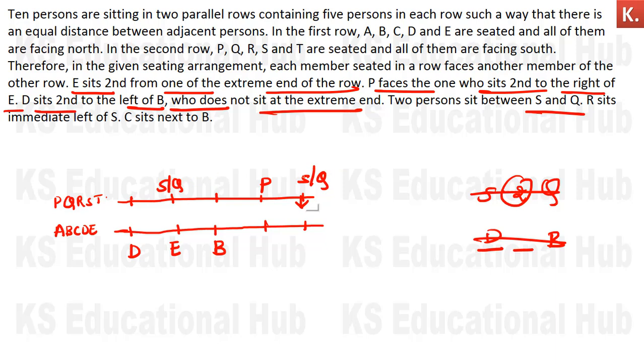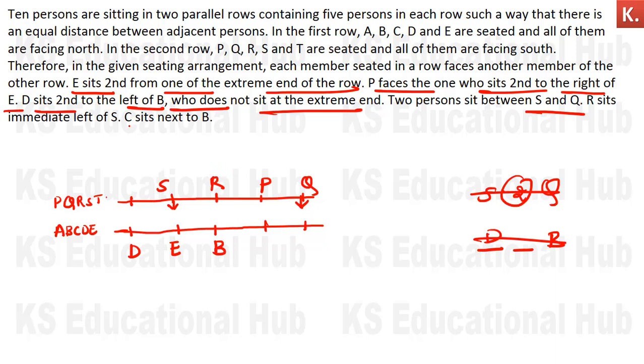So S has to be at this particular place and Q has to be at this place. So 2 persons sit between S and Q. The next one is R sits immediate left of S. S is facing towards the south direction. S's immediate left is this. So therefore, R has to be at this particular place.